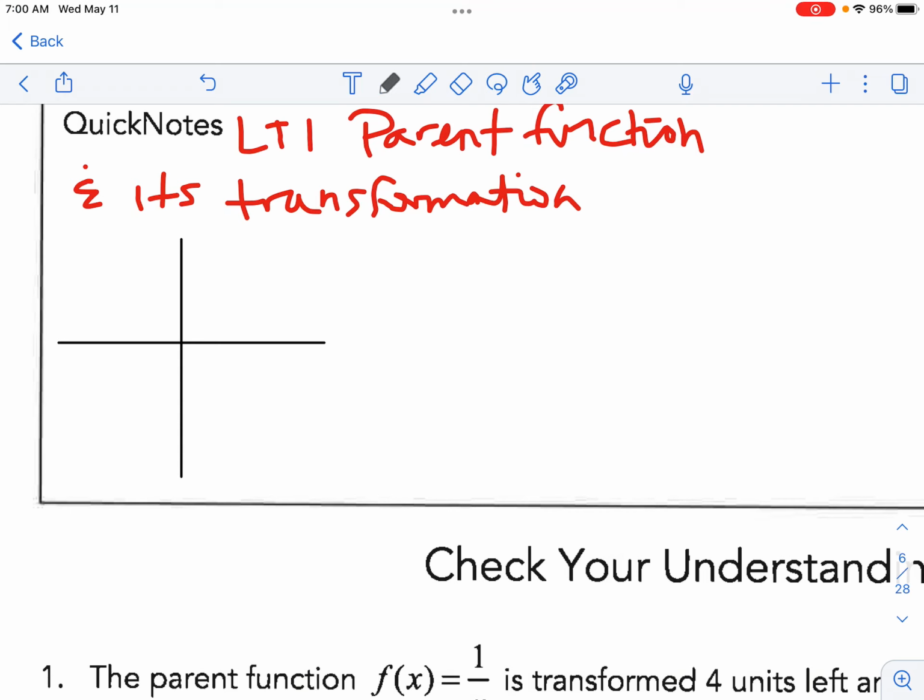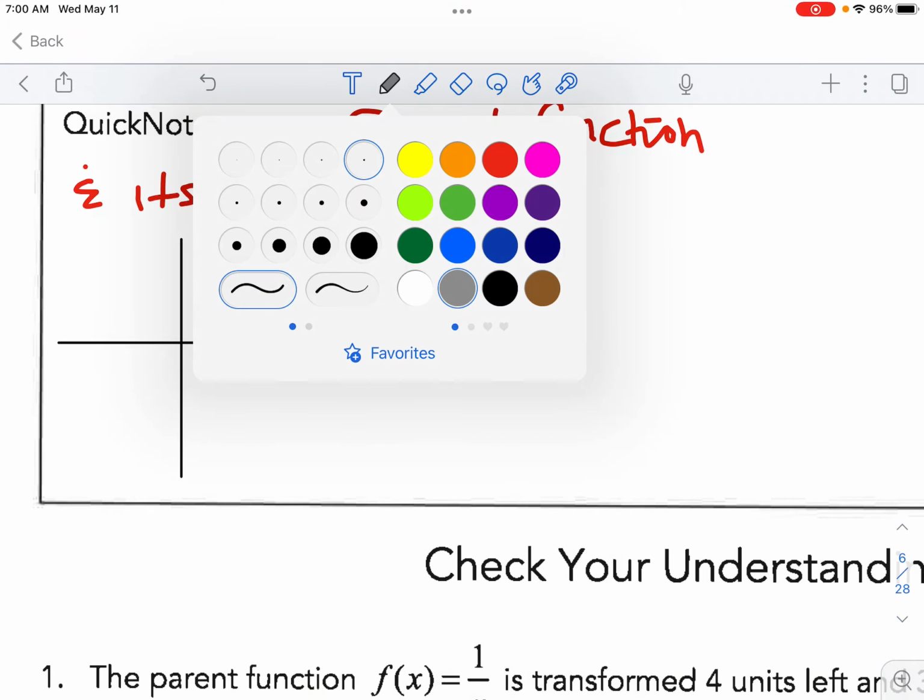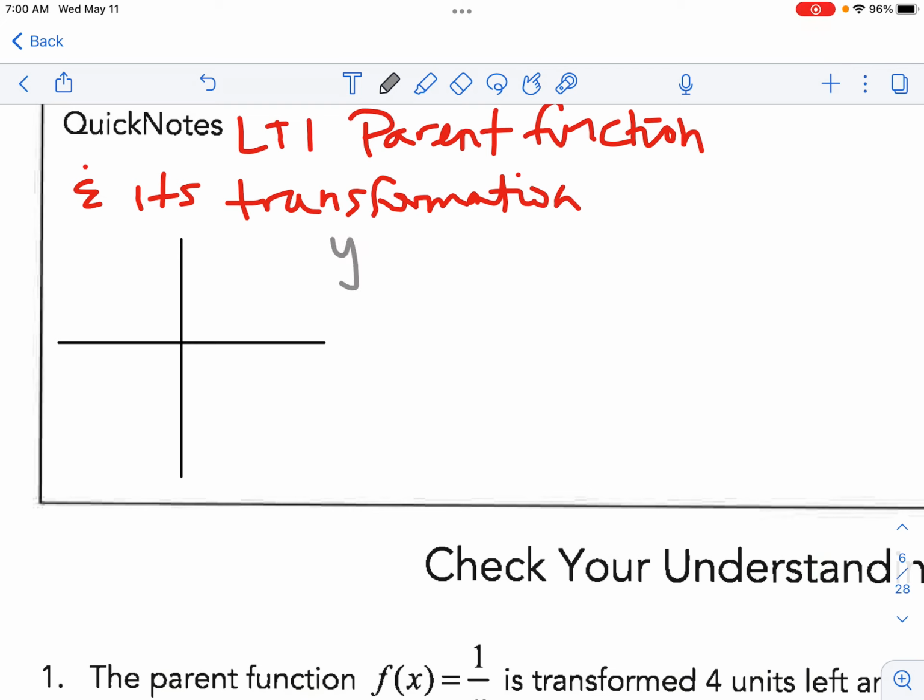And so our parent function is y equals 1 over x. And so I am really looking to grab that over 1, up 1, left 1, down 1 point. And then I'm just going to draw this smooth curve that goes to each asymptote, right? We know we're not crossing over those asymptotes at all, and it's just a smooth curve.